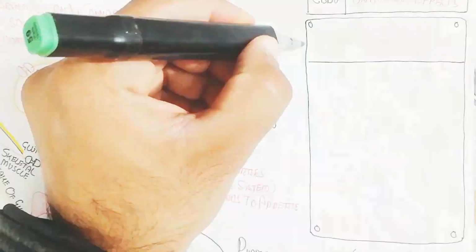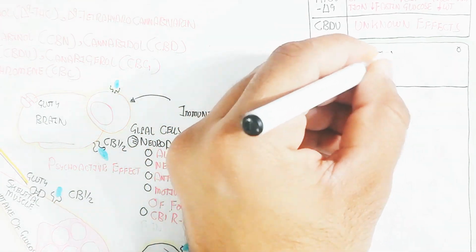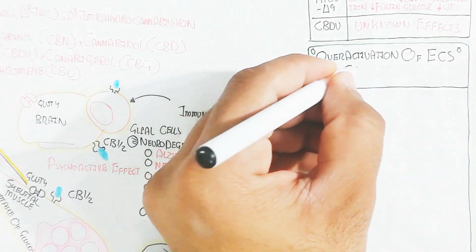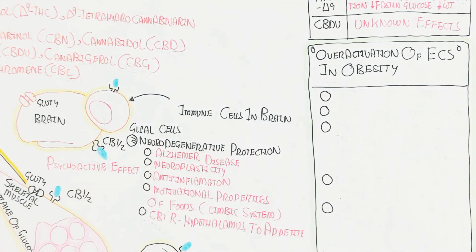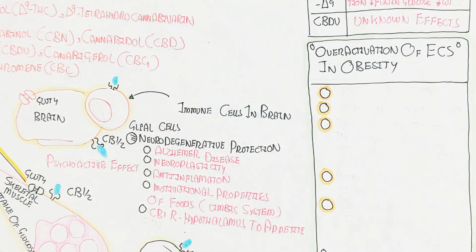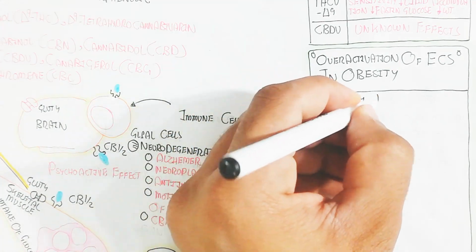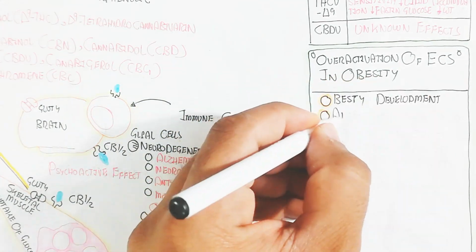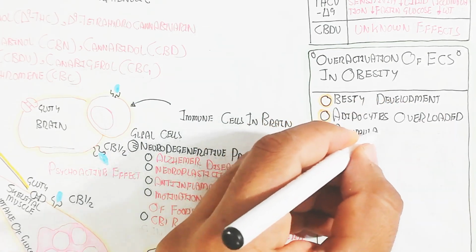So inhibition by this mechanism will help, because activation of the endocannabinoid system in obesity leads to obesity development, with adipocytes overloaded with triacylglycerol. So obesity will increase due to the adipocytes' overload of fat.